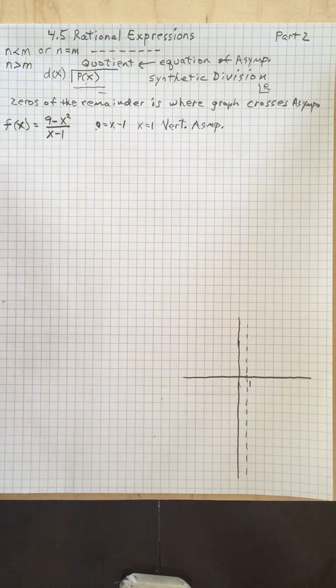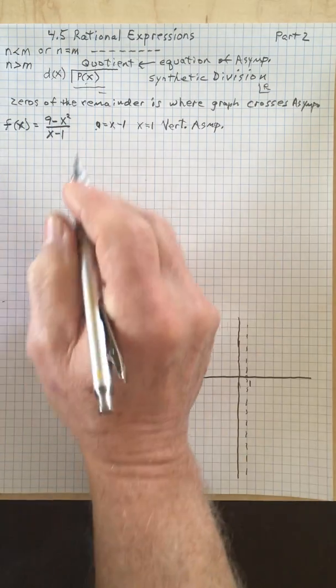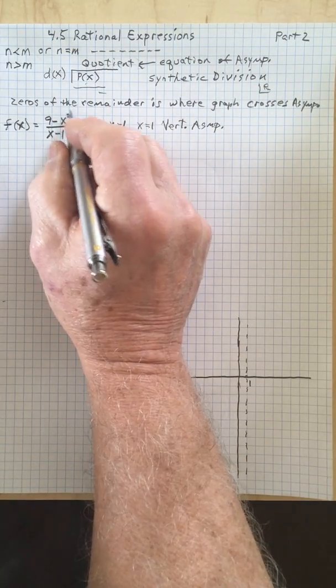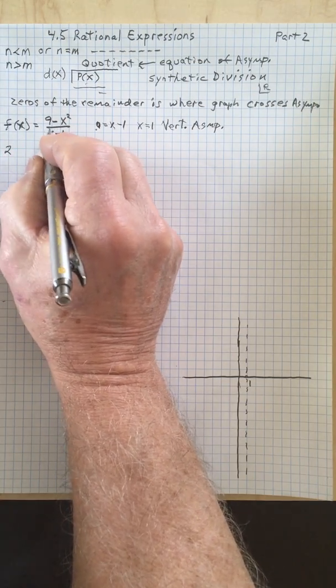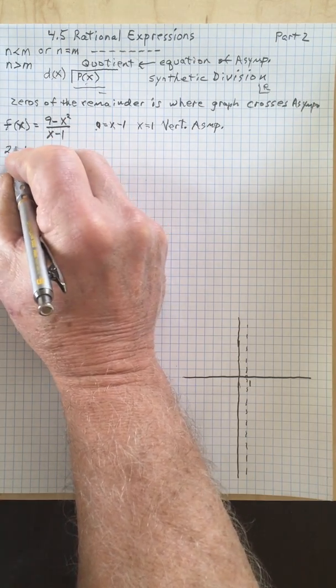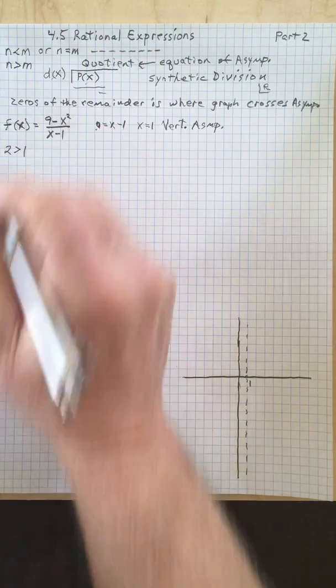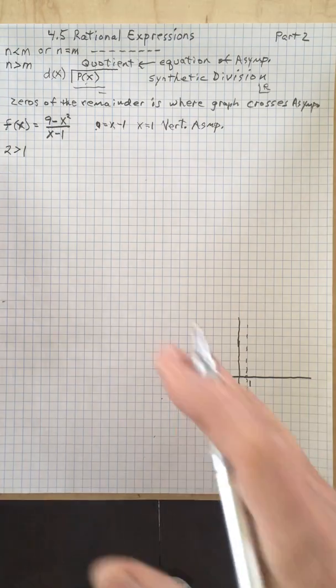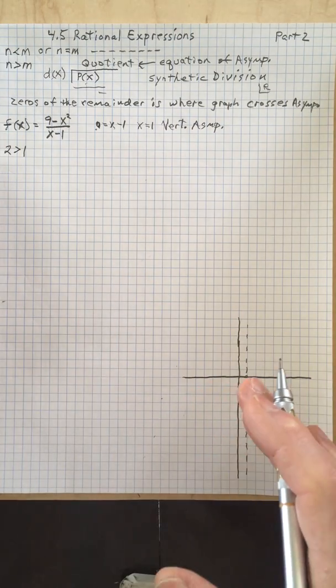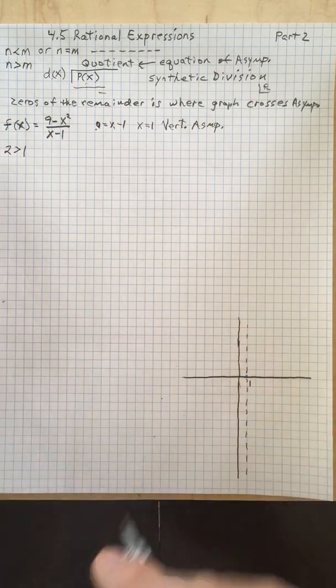Okay, and then we wanted to check for the other asymptote. The degree up here is 2. We want to compare that to the degree of the denominator, which is 1. Well, here it is. n is greater than m in this case. That means we're going to have an asymptote here that's not a horizontal line.